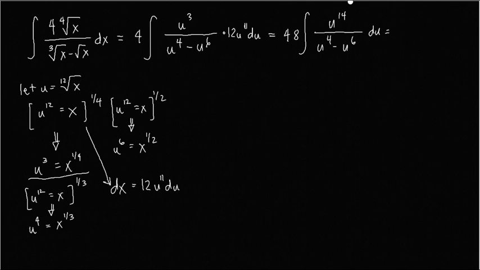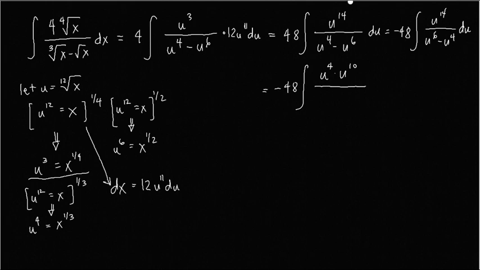We can rewrite it as negative 48 integral of u raised to 14 divided by u raised to 6 minus u raised to 4 du. So we have negative 48 times the integral of, factoring out u raised to 4, then this is u raised to 10. So we have here u raised to 4 times u squared minus 1 du.